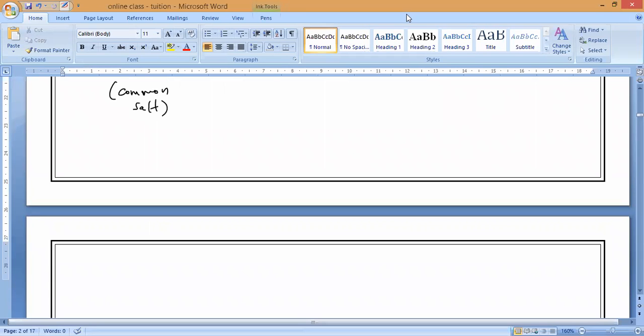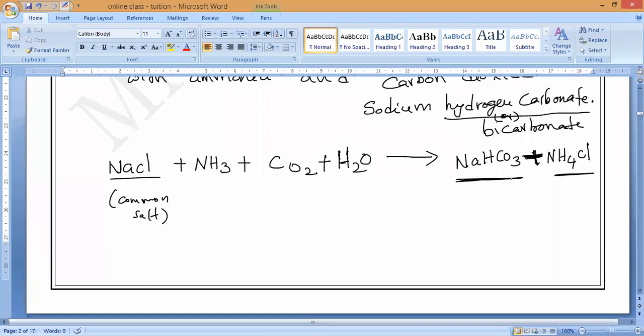Now, the sodium hydrogen carbonate formed is only slightly soluble in water. Understand? So it precipitates out as a solid. Very little of it is soluble in water. It will form a precipitate. All of you should remember that is the state of it. That is also most important.